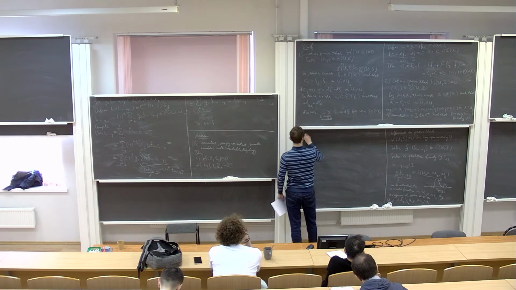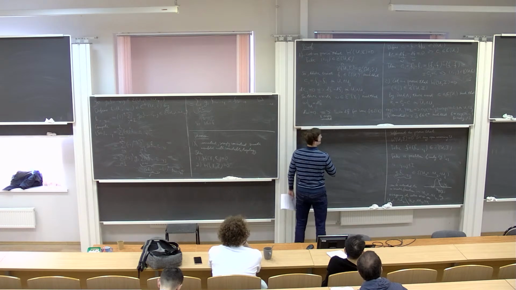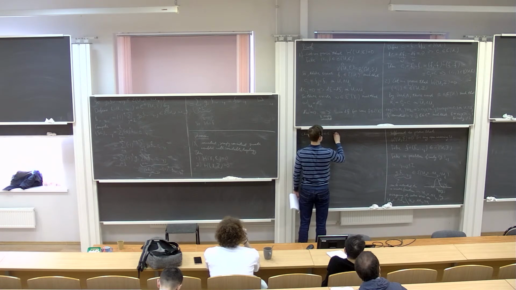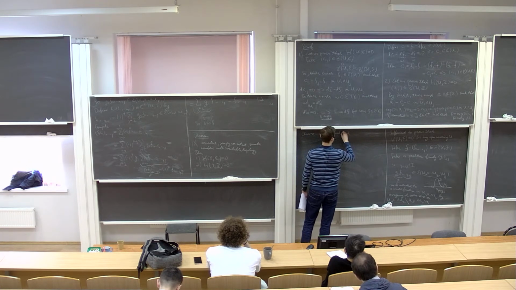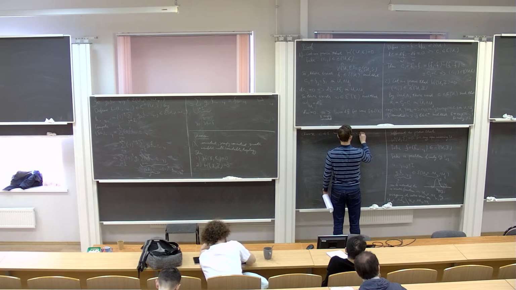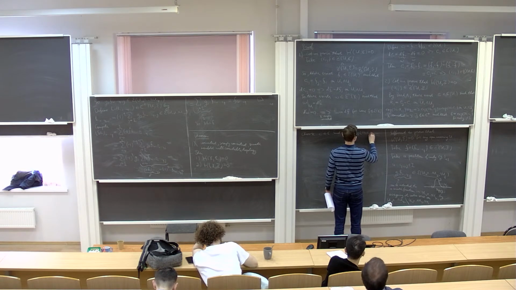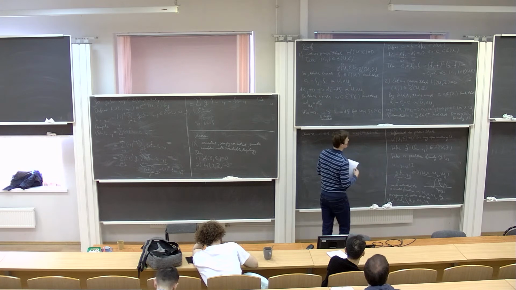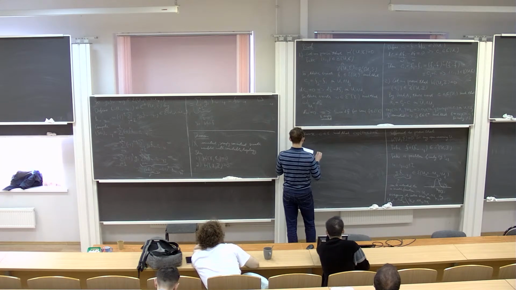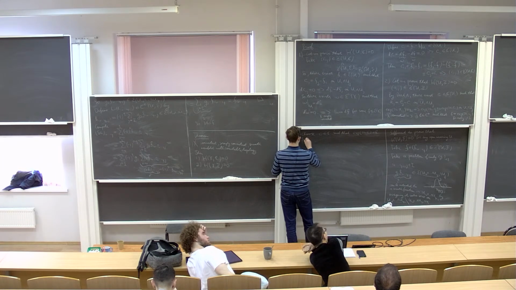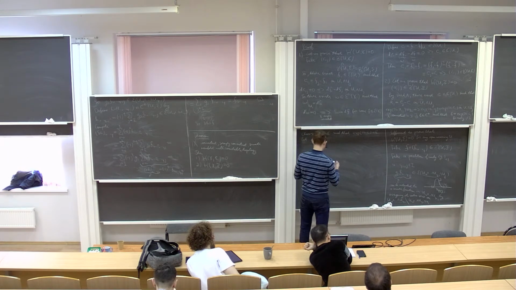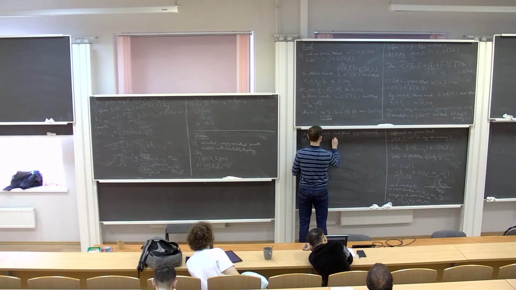So we choose some c such that exponent 2 pi i c is equal to b. Then we let Ai be Ci minus c.